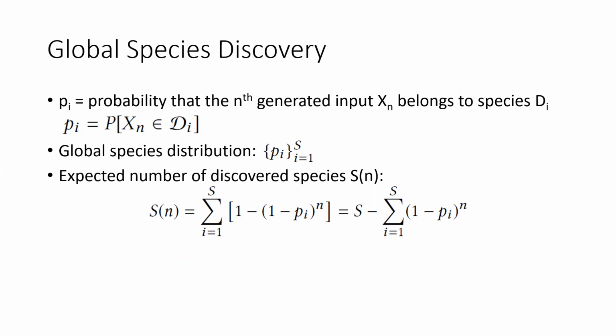So 1 minus PI to the power of n is the probability that when you sample n times, you don't find this species. So 1 minus this probability is the probability that when you sample n times, you can find this species, and then you sum up all the species. Yes, I got it. That's an excellent explanation. Thank you.